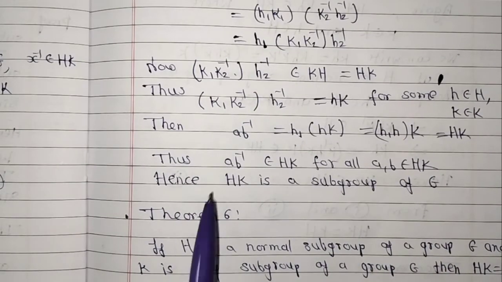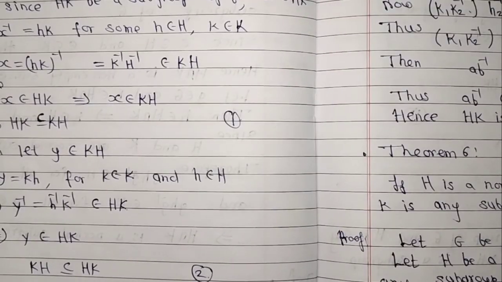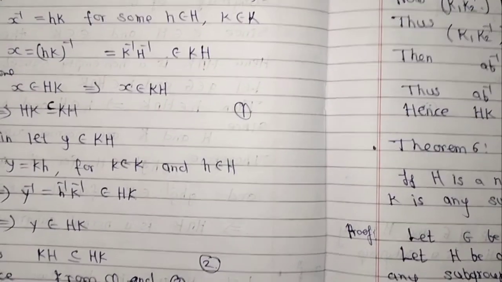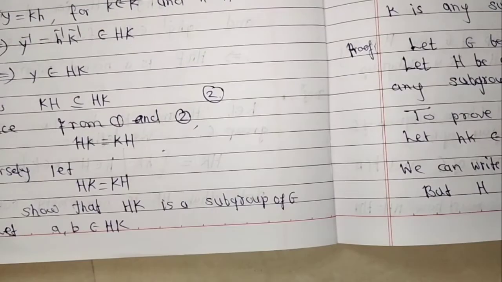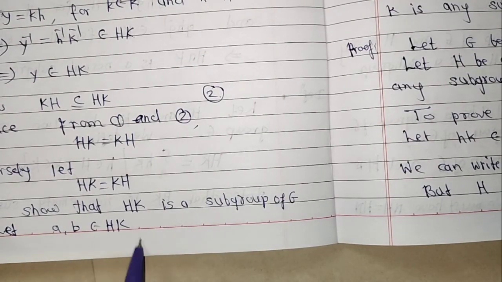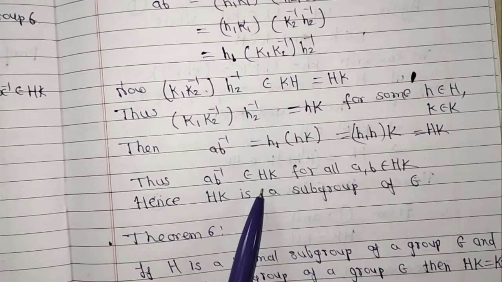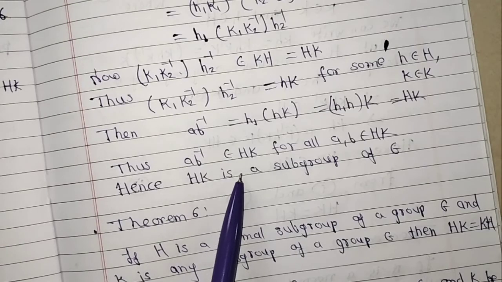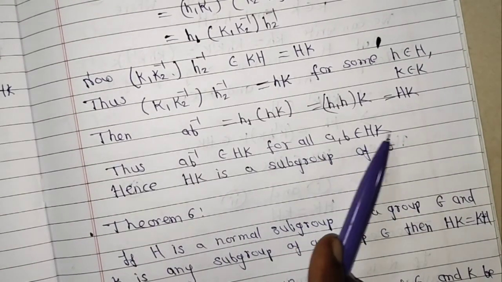Thus, conversely here we have assumed that HK equal to KH, and let a, b belongs to HK, and we have proved that a b inverse also belongs to HK for all a, b belongs to HK.